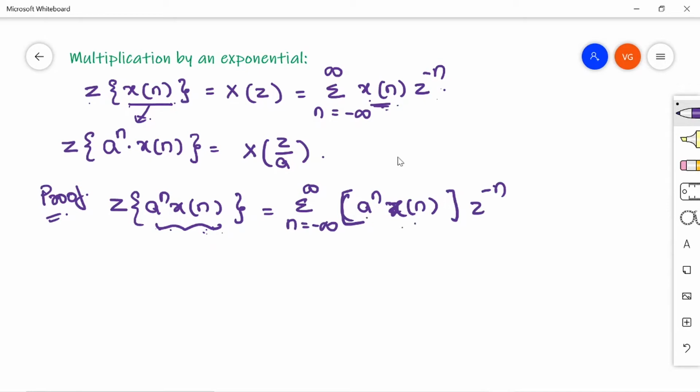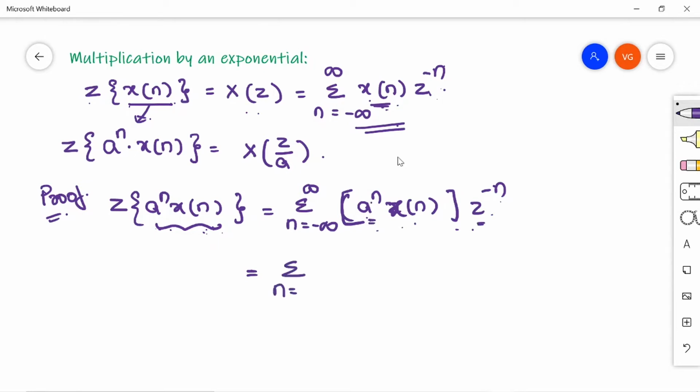So I am writing a power n x of n z power minus n, but according to the definition of z transform, it has to be x of n z power minus n. See, now this one we have to convert into that form, right? So now let us see here. Both a power n and z power minus n are the powers of n only.